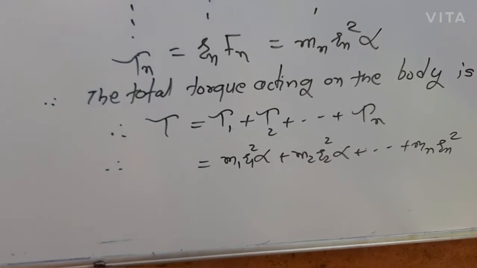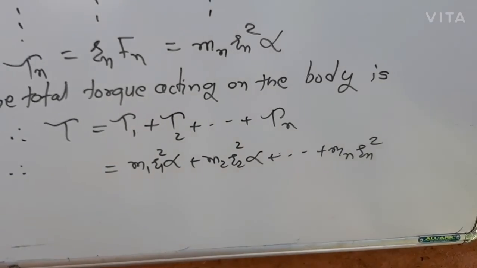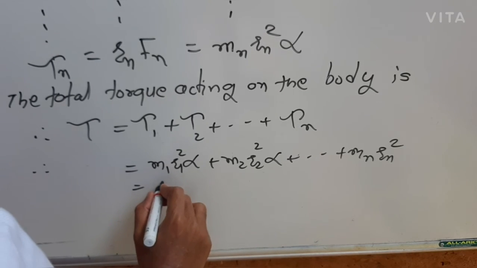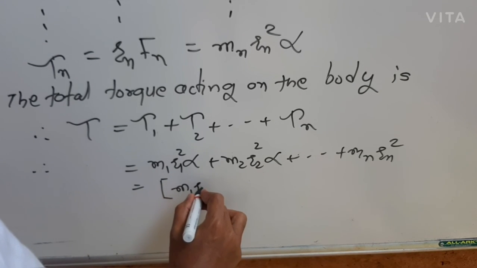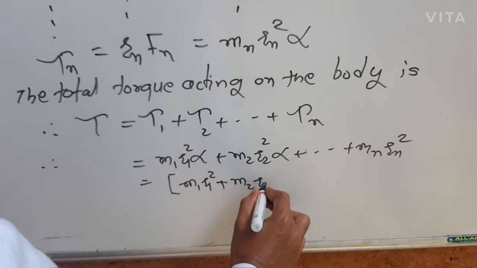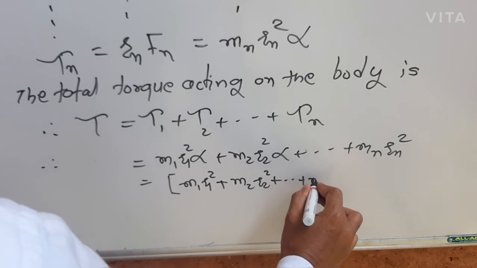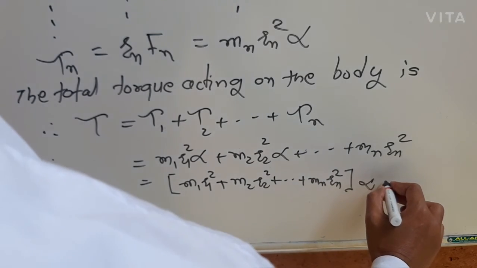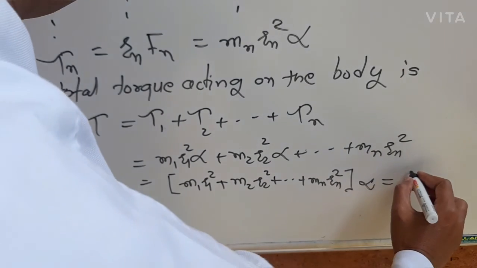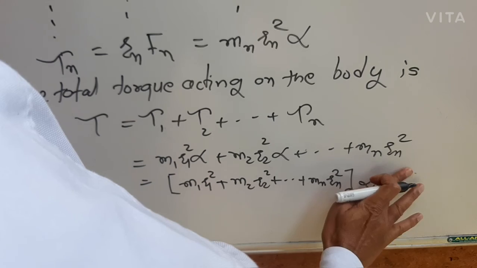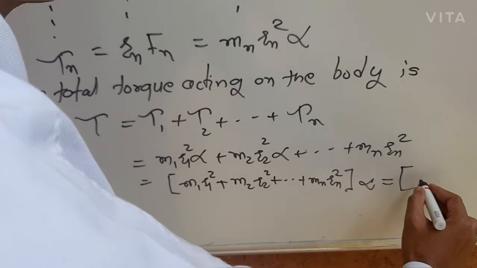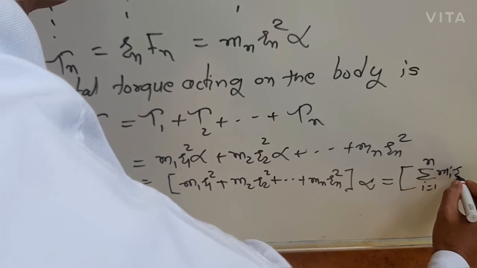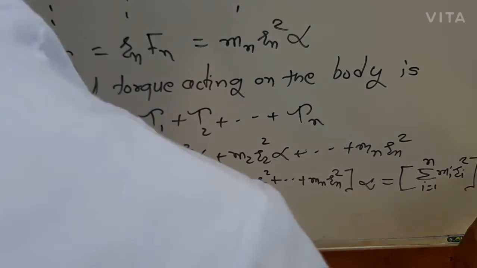We know that this term can be compressed as M1 R1 square plus M2 R2 square plus up to Mn Rn square, into alpha. Here we know that this is I, or this is compressed as summation i goes from 1 to n of mi ri square into alpha.